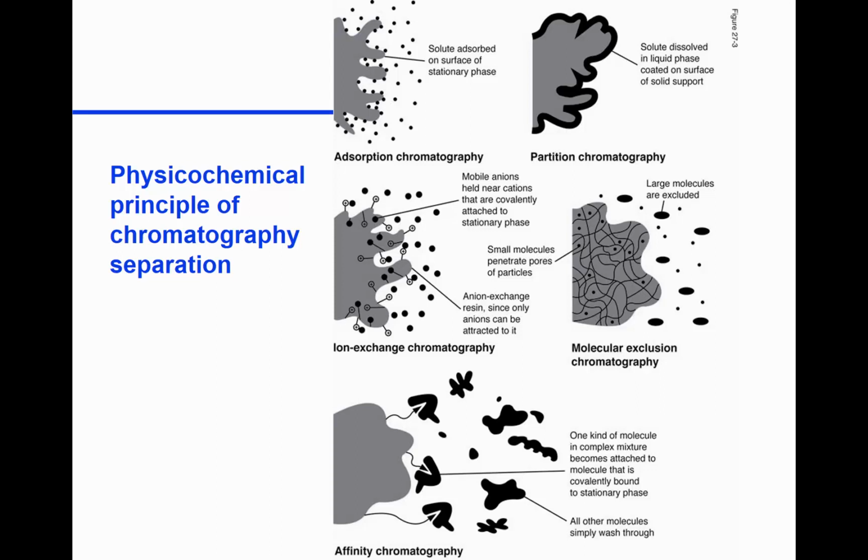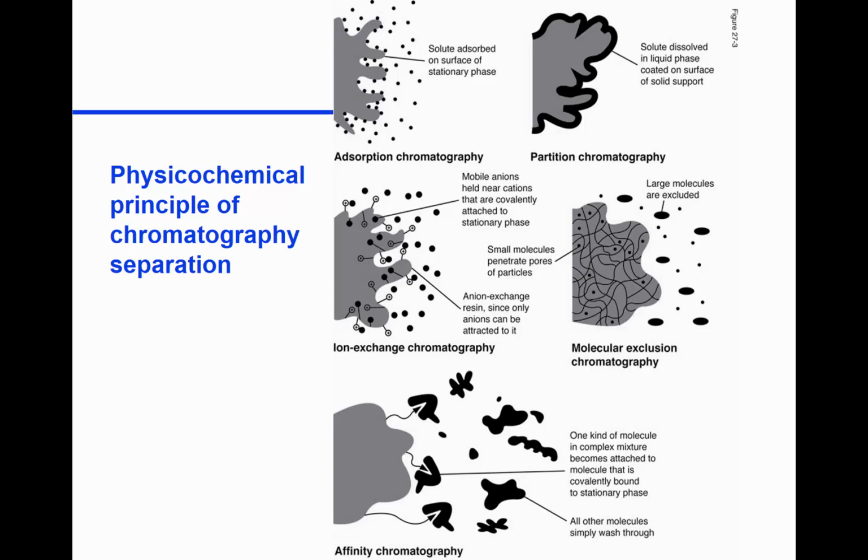Ion exchange chromatography, we call it ion exchange. The term exchange means you are exchanging a charged molecule between a stationary phase and a mobile phase. So let's say you're positively charged, I'm negatively charged. Okay, so you're going to interact.